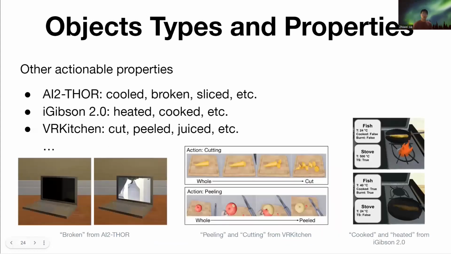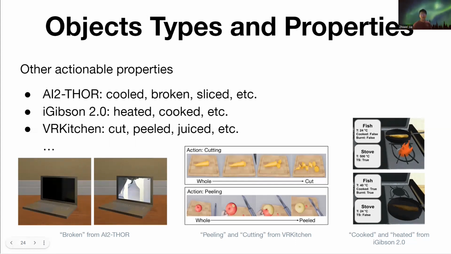As for object properties, they're also pretty central to object interactions, especially for long-horizon object manipulation. Here, when we say object properties, we refer to actionable properties, such as the broken state of a laptop from the AI tutor example. In the left image, when you hit the laptop screen, the screen will become cracked and the laptop will be labeled as broken.